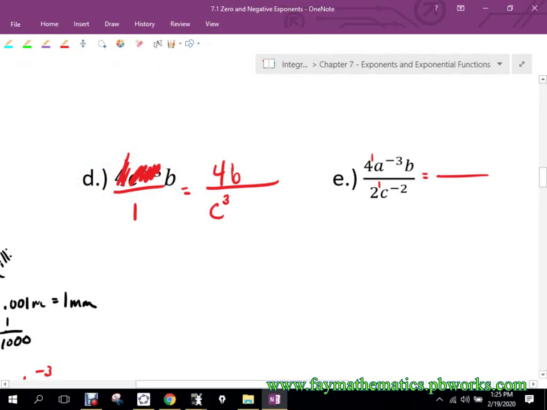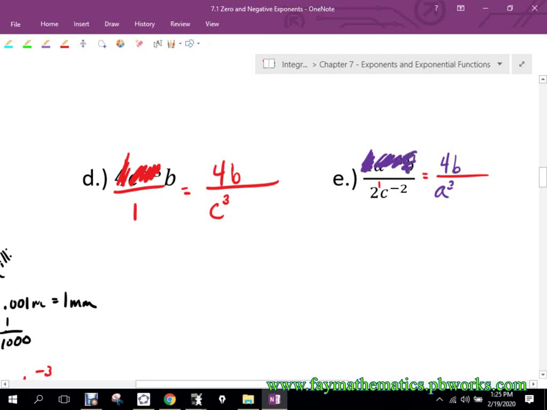So the 4, positive, so it stays up there, right? Done with the 4. A to the -3. Where's that going to go? Bottom. B stays on top because it's positive 1, right, as my exponent? Okay. So I'm completely done with the numerator, right?